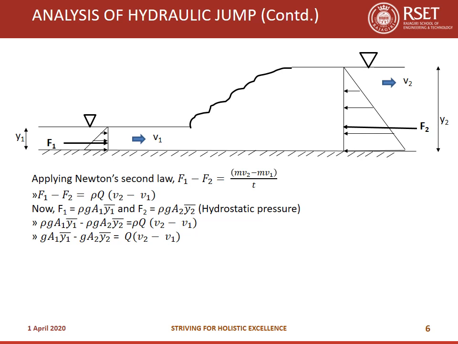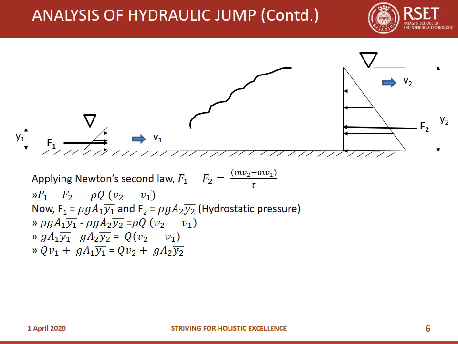Now I'm going to rearrange this slightly. All the expressions with subscript 1 I'm going to keep on one side and all the expressions with subscript 2 on the other side. So I will get Q V1 plus g A1 Y1 bar is equal to Q V2 plus g A2 Y2 bar.